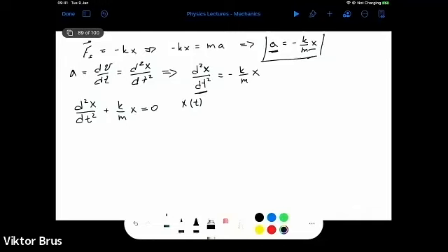So the way this specific type of differential equations, second order linear differential equations, are solved, you need to assume that, for instance, lambda stands for the first derivative of the function over the independent variable, and then we write a so-called characteristic equation.